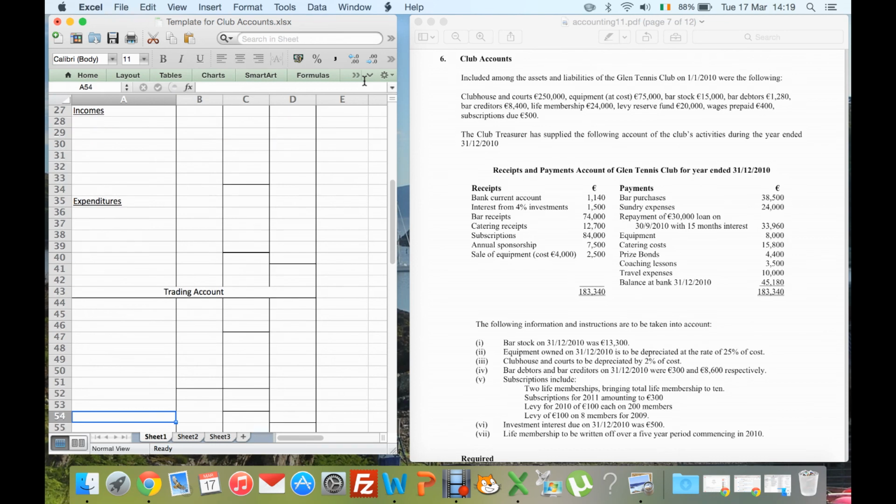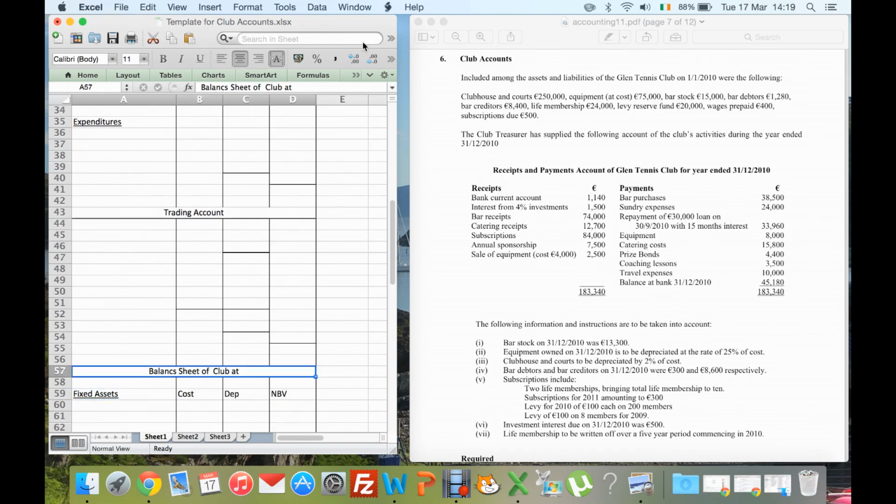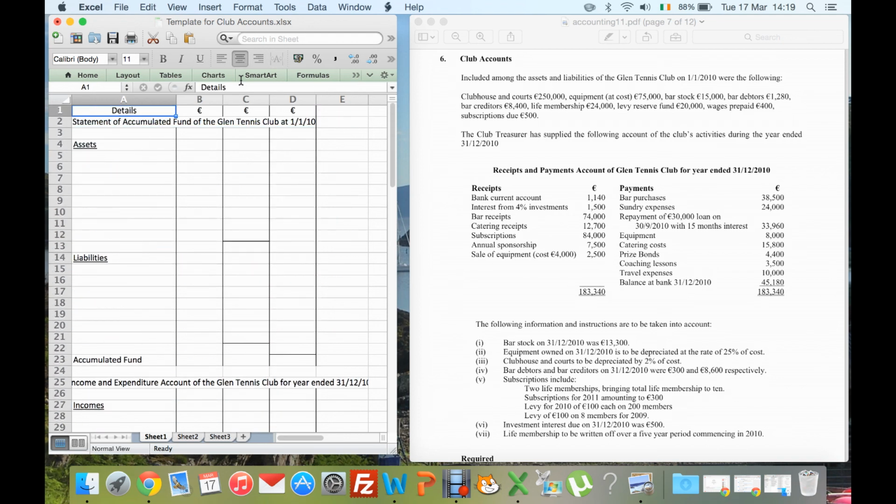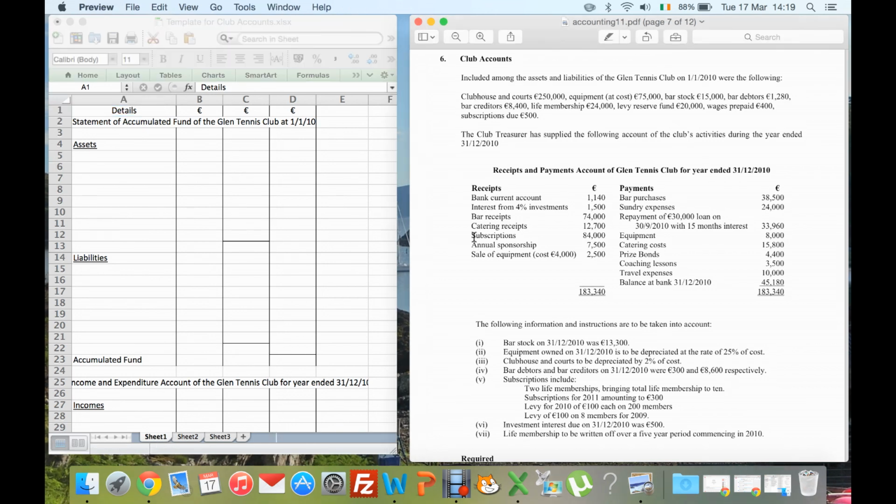So we have a bar trading account, and then we'll have a balance sheet, and that will be at the 31st of the 12th, 2010. So we have the blank documents here on our left. Spend a few minutes making sure that they're laid out properly, and then starting at the beginning, we work through trying to put the information into the right places.